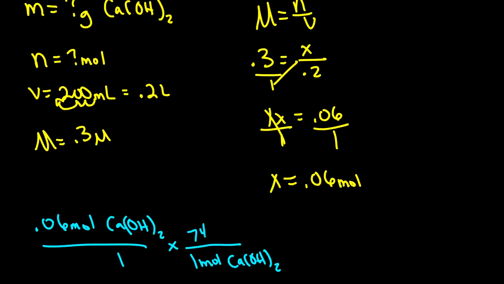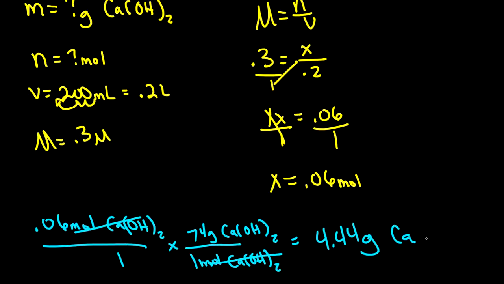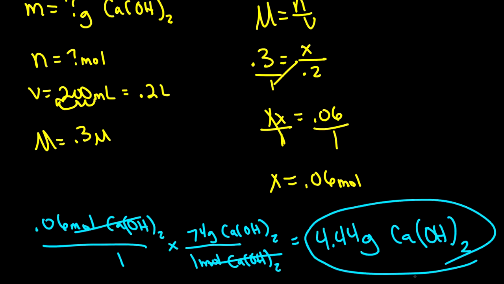So 74 grams per mole for calcium hydroxide. Moles of calcium hydroxide cancel. So 0.06 times 74 gives me 4.44 grams of calcium hydroxide. And there's that answer.